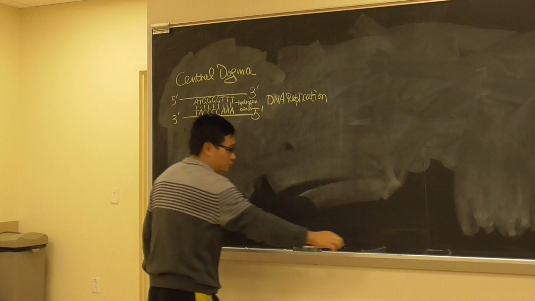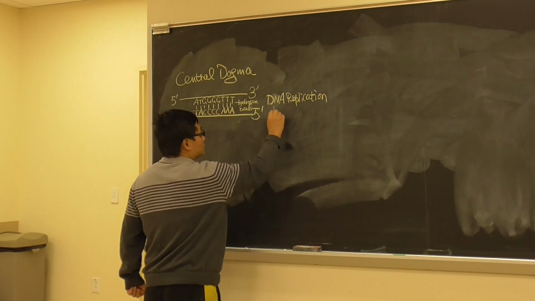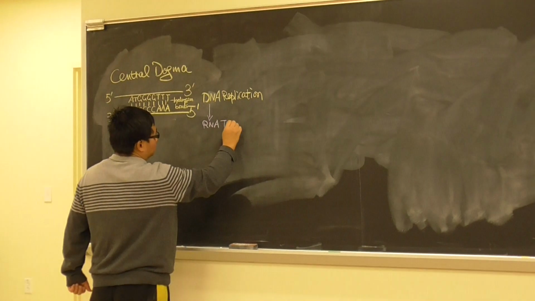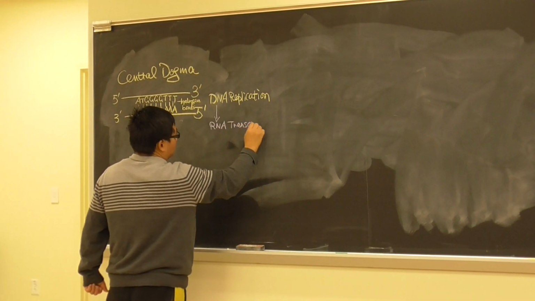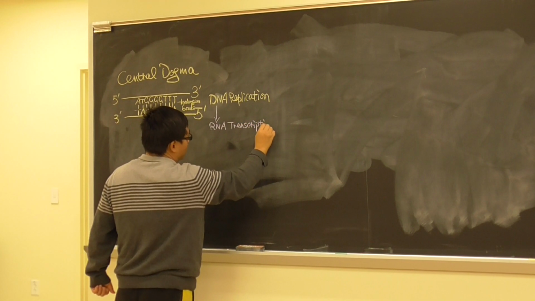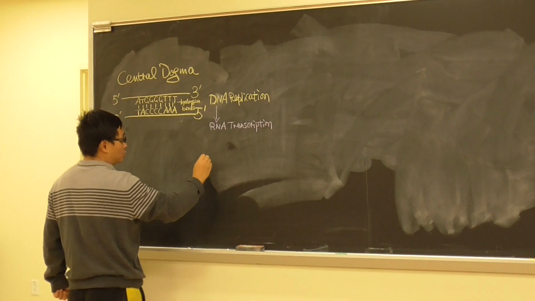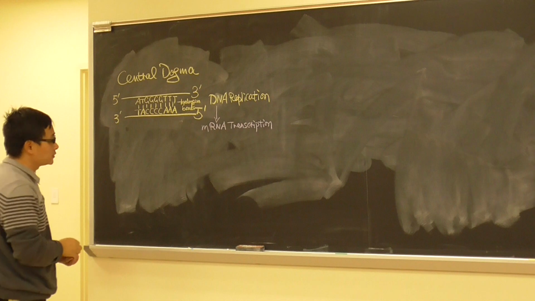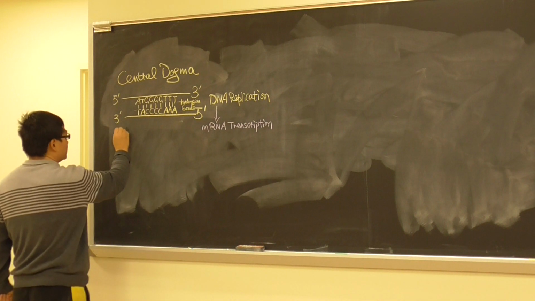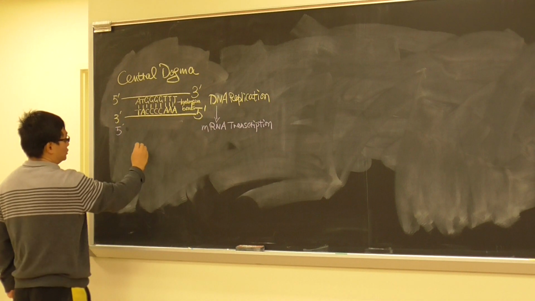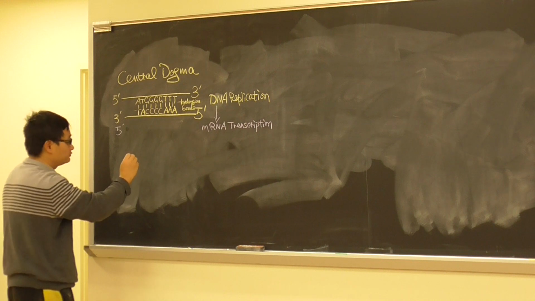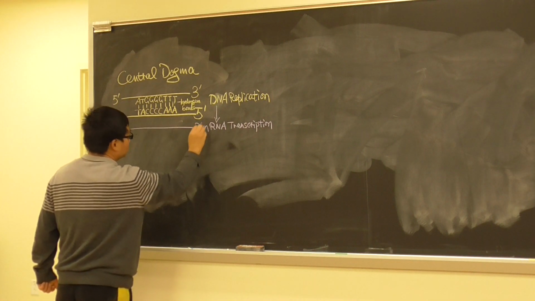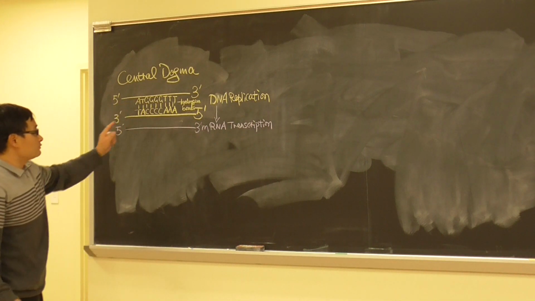Now, what we're going through is RNA transcription. So we will get a sequence which is mRNA. What is it going to look like? It will be complementary to one of the strands of DNA, 5' to 3'. So remember, we have two strands here.